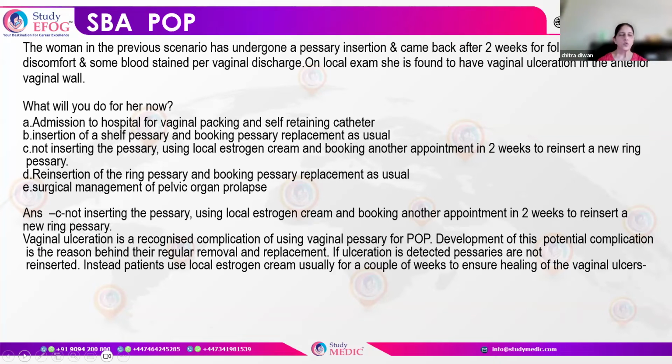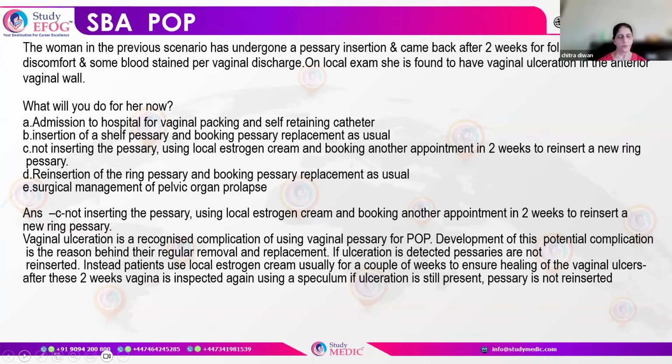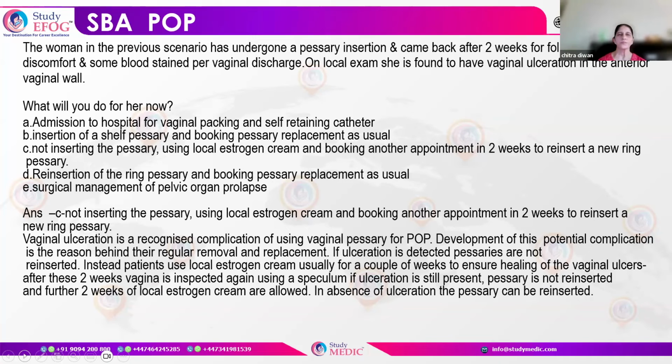So you will first treat the ulceration by using local estrogen creams. After that, you will call her after a couple of weeks for a follow-up, ensure that the ulcers have healed, and then insert a new pessary. And if the ulcer is still present, then the pessary is not inserted.